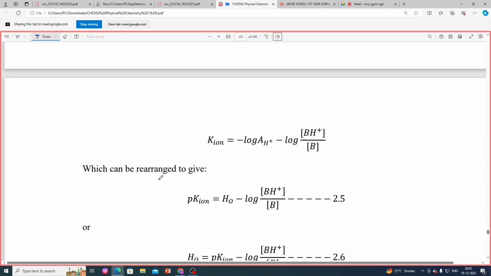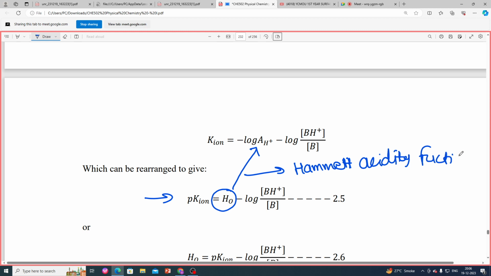Okay, which can be rearranged, and we have pK_ion is equal to H0 minus log of the concentration of BH+ divided by the concentration of B. Here H0 is the same value, equal to negative log aH+, which is the Hammett acidity. What does H0 mean? It is the Hammett acidity function. So H0 minus log of BH+ divided by B is the same equation.